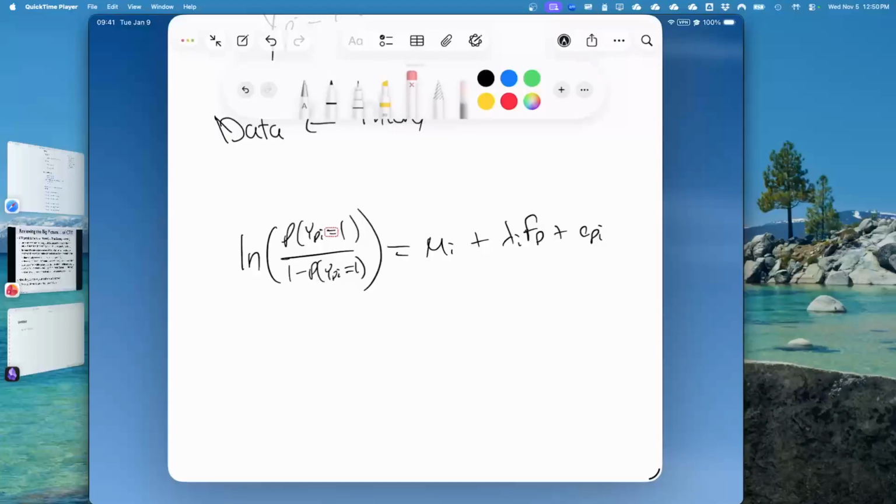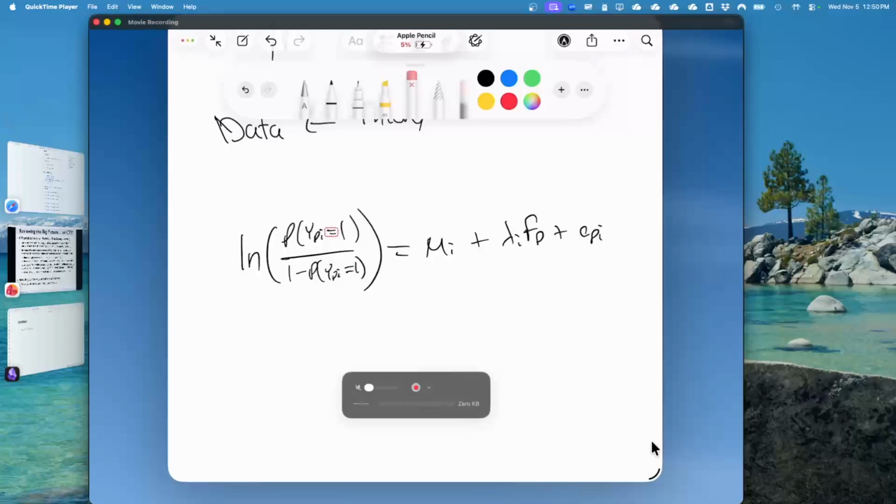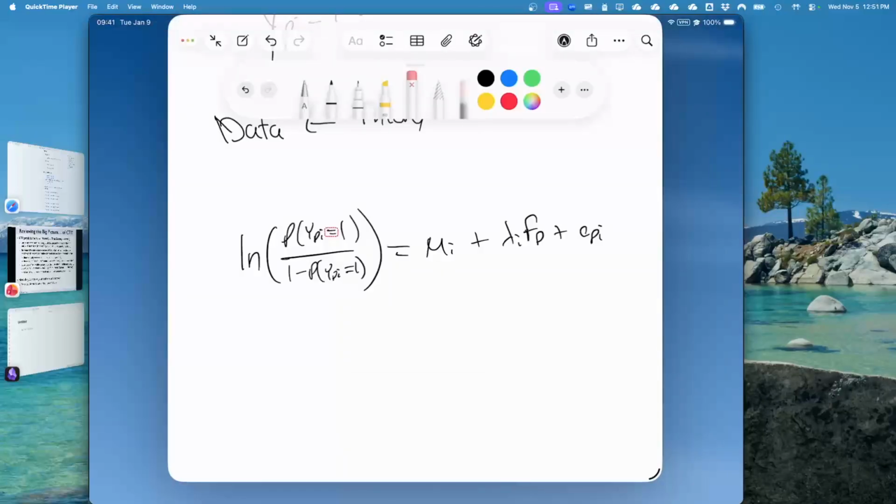Okay, this thing right here, now what you see here is the right-hand side has not changed. The theory has not changed, right? But the data have. And that's how to think about generalized modeling, generalized data analysis itself, right?